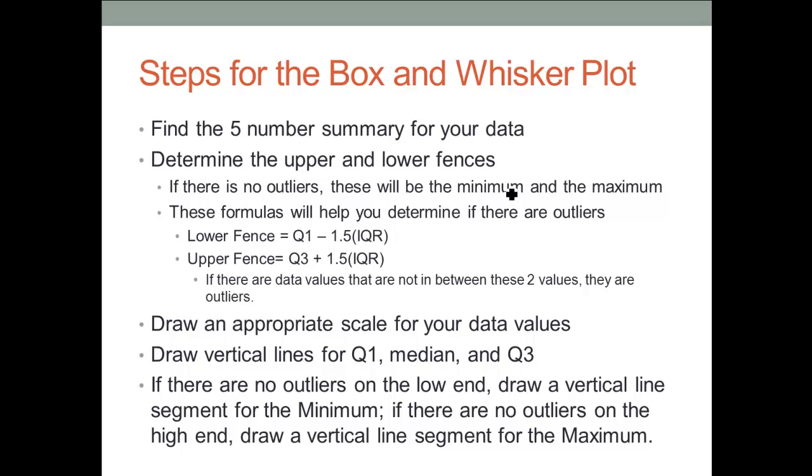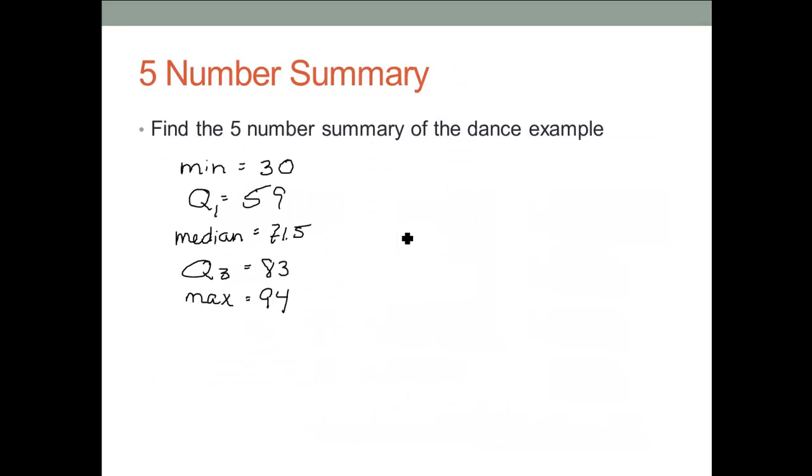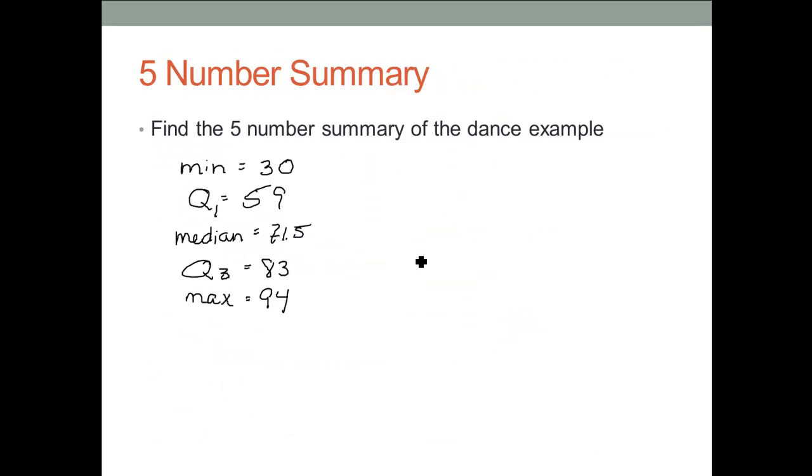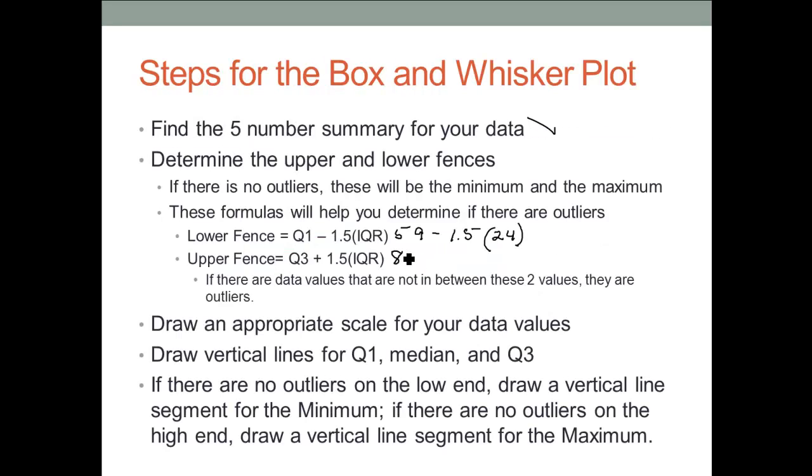So, we already found the 5-number summary. We have that done. Now we need to determine the upper and lower fences. So the lower fence is our first quartile, which if we go back to our 5-number summary, was 59, minus 1.5 times the interquartile range of 24. And our upper fence, which was our third quartile, which was 83, plus 1.5 times 24.